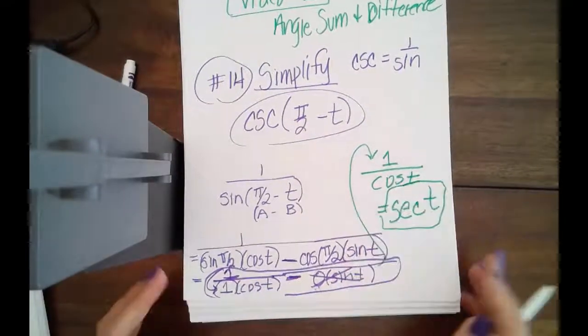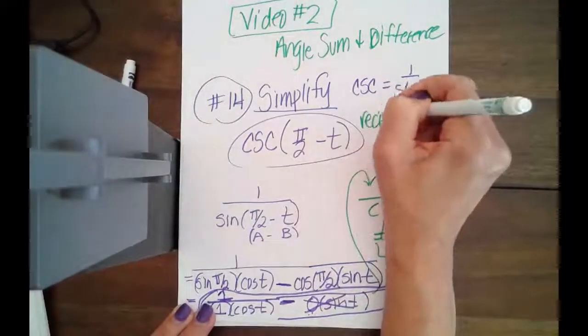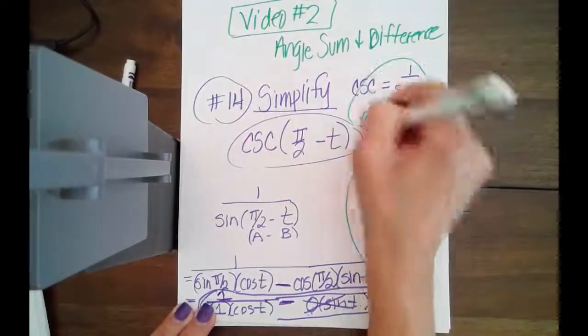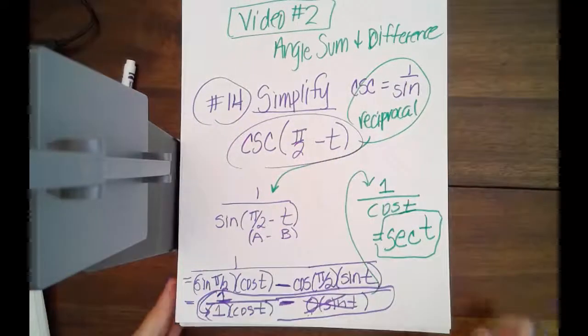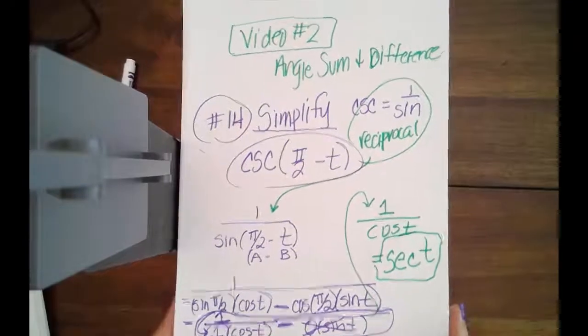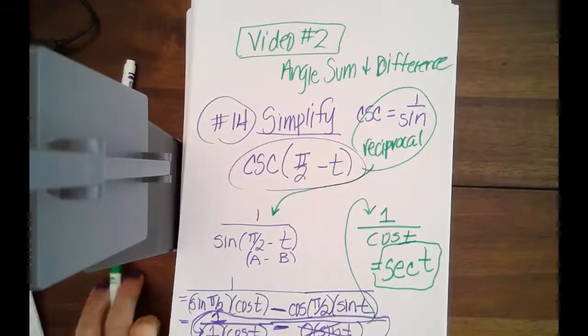So for your cofunctions, you're simply going to use the reciprocal and transfer the given problem downstairs to the reciprocal function of that particular ratio. So there's that one.